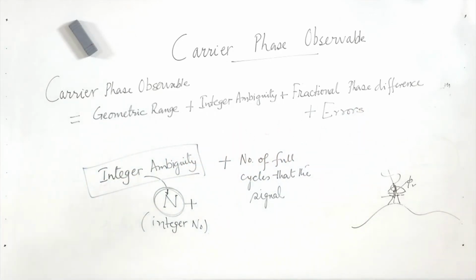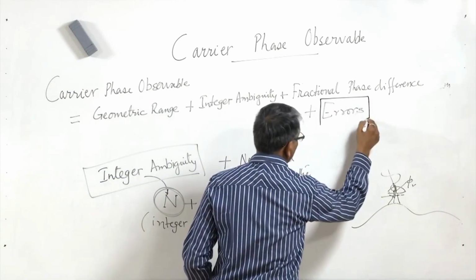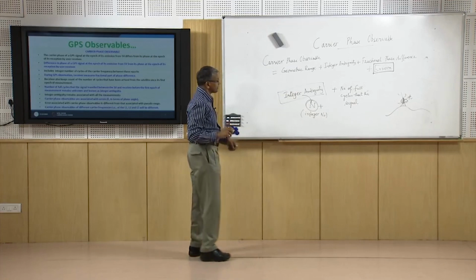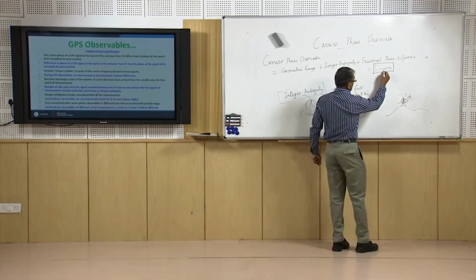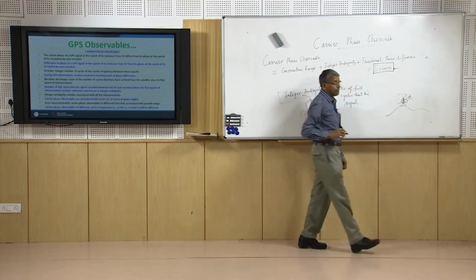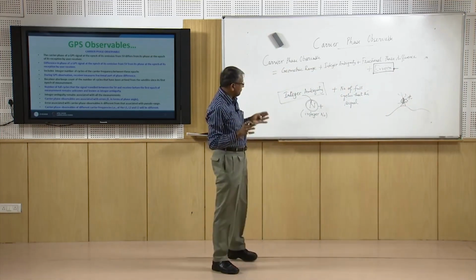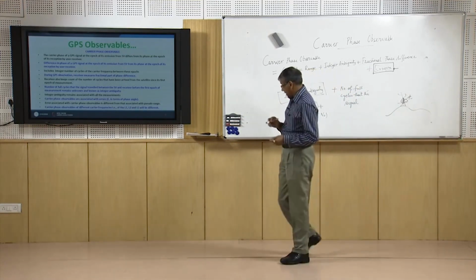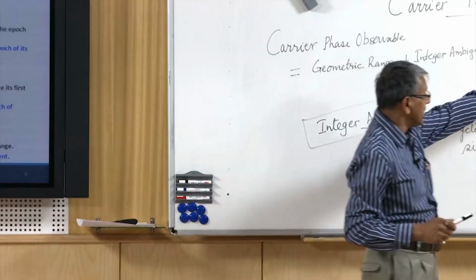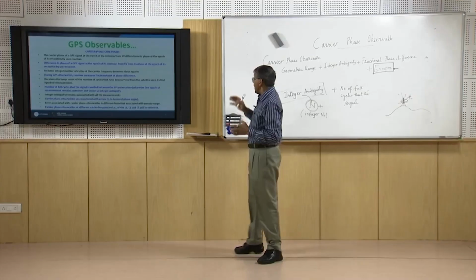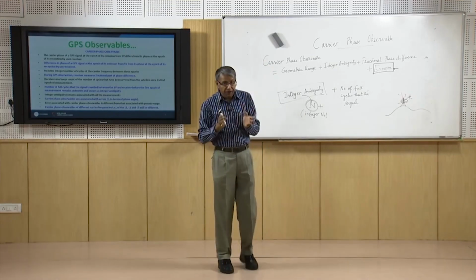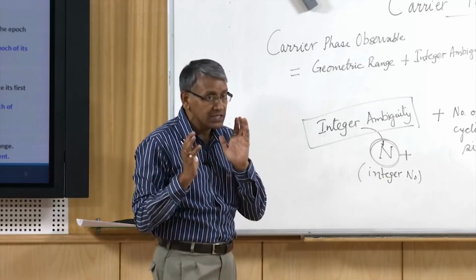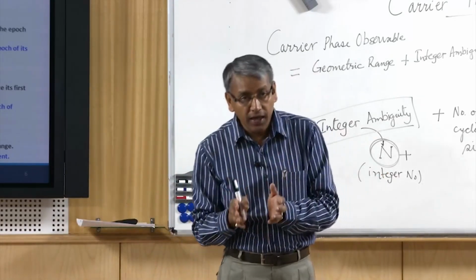Now though we have found that the errors are present both in case of pseudo range measurements as well as carrier phase observable, the amount of errors in carrier phase observable will be different from that available in pseudo range. That is one thing has to be marked, that the amount of error along with the observables is defined for different types of code as well as for different types of carrier.